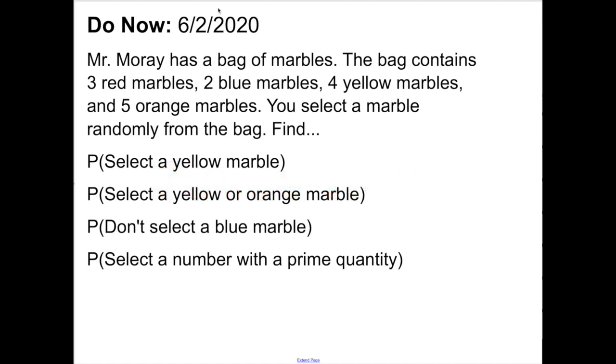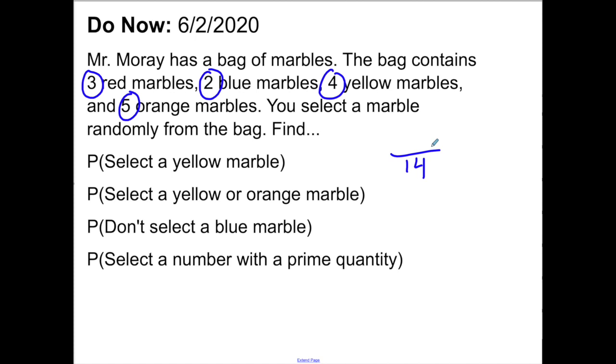So basically, whenever we're doing probability, what it comes down to is we need to find the ratio of what we want to what we have. The bag currently contains 3, 5, 10, 14 marbles. Okay, for the purposes of this problem, we're going to assume that we have an equal probability of choosing any marble.